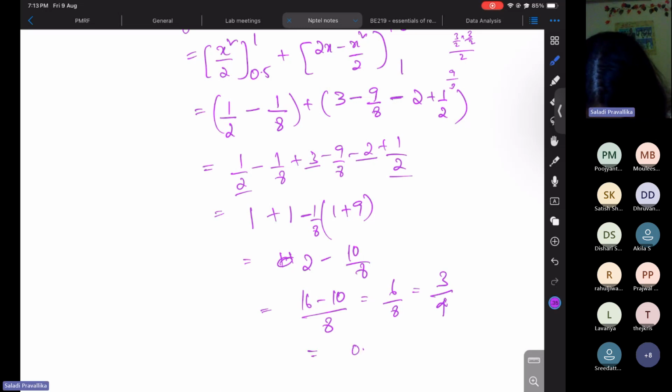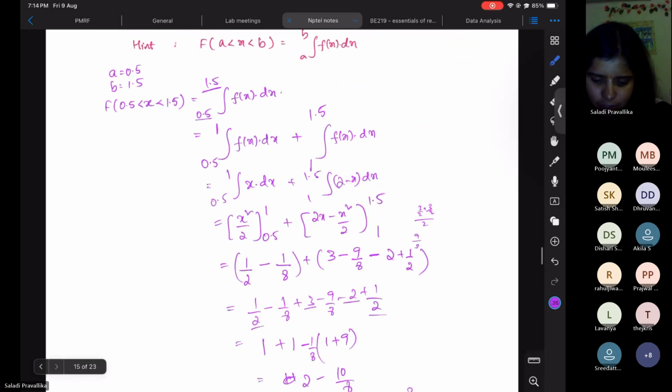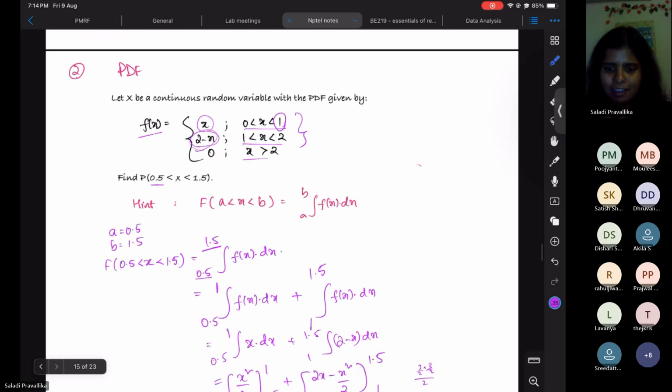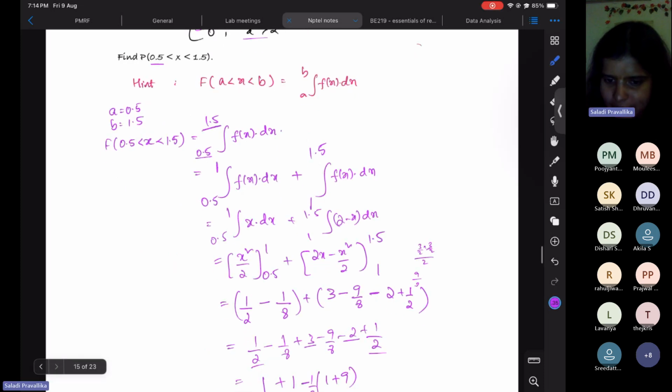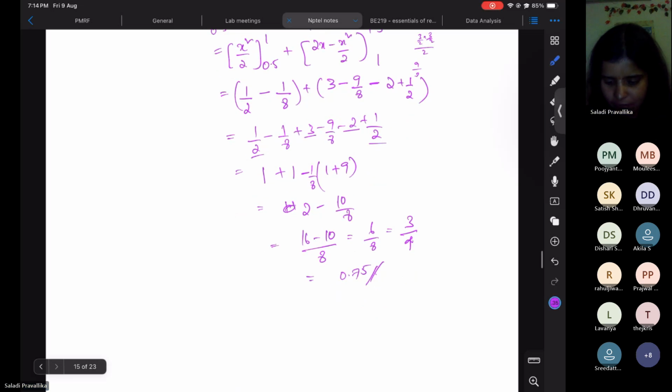Okay, I'm getting 0.75. Good. So this probability is always between 0 and 1. Okay, so we got 0.75 as the answer.